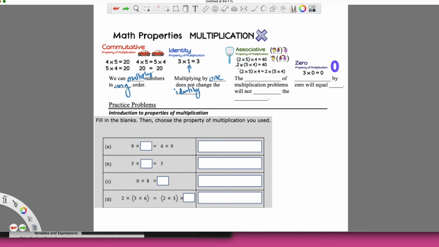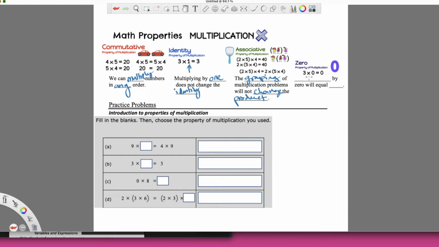On the bottom, I have 2 times 5 times 4, and now 5 times 4 are grouped. And that still gives me 40 because 5 times 4 is 20, and 20 times 2 is still 40. So it doesn't matter how I group them. It's all multiplication again. I can multiply them in any order I want. So the grouping of multiplication problems will not change the product. It's not going to change the outcome just by changing the grouping.